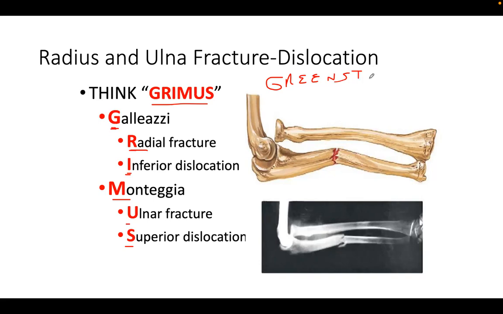It's the bending of the bone rather than breaking, because the bones of the pediatric age group are usually pliable. So what do we call an isolated ulnar shaft fracture? Very good. This is known as a nightstick fracture.